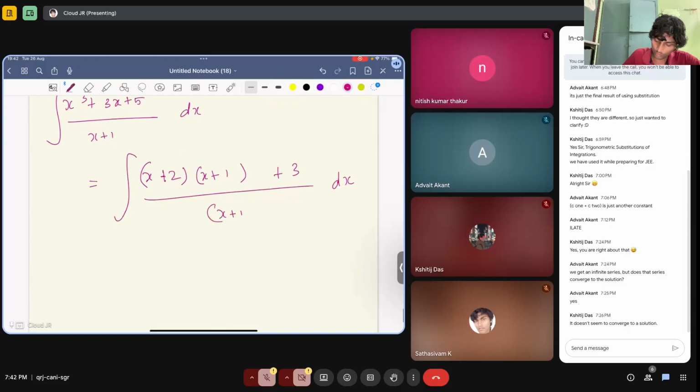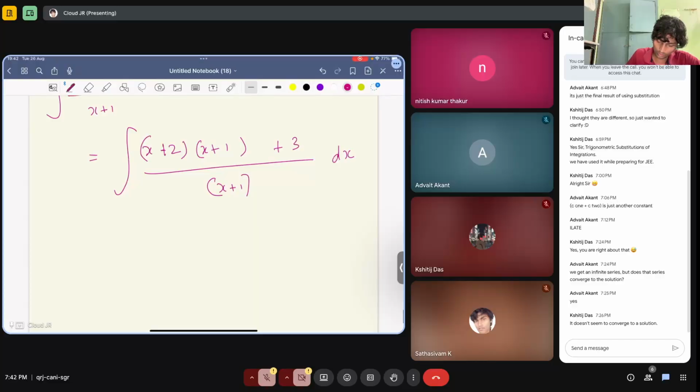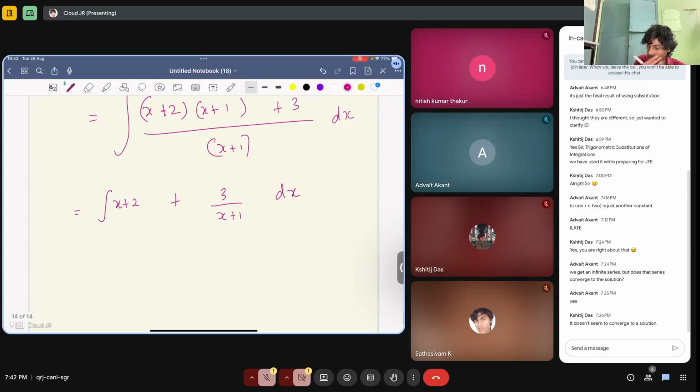Now you just cancel out these two terms. So this will be integral of x plus 2 plus 3 by x plus 1 dx. Now we know how to take the integral, right? This is x square by 2 plus 2x plus, this time you do the substitution here.